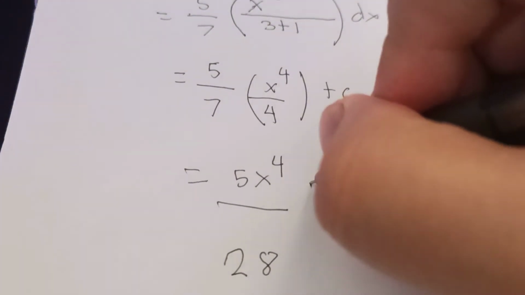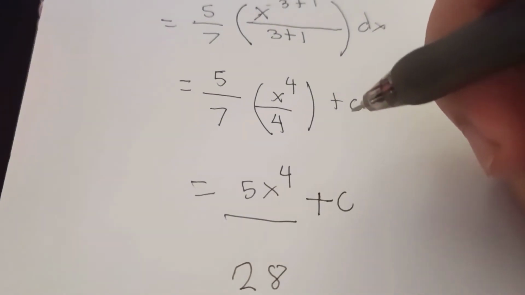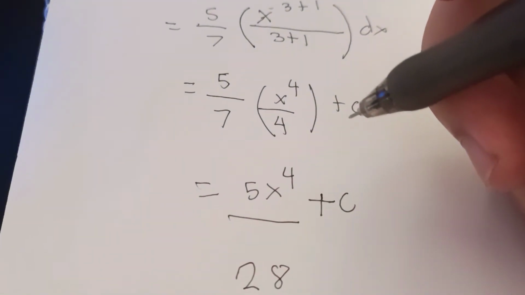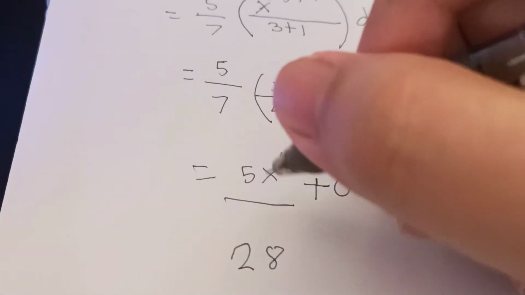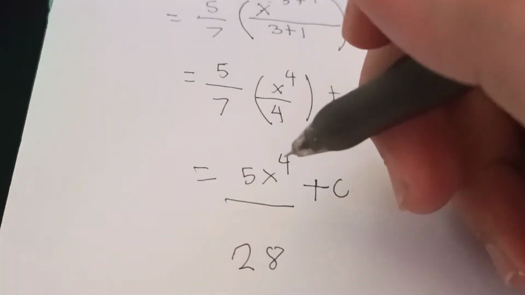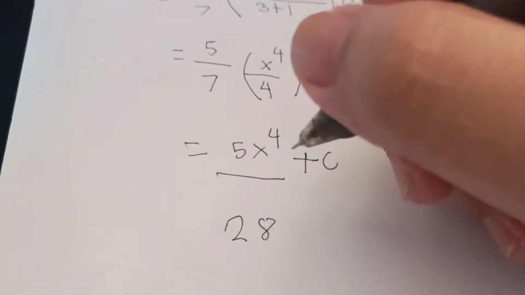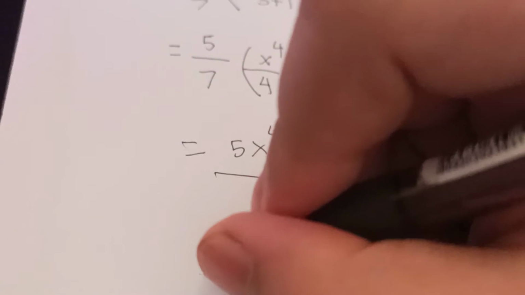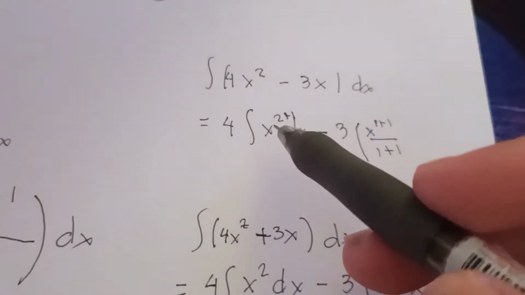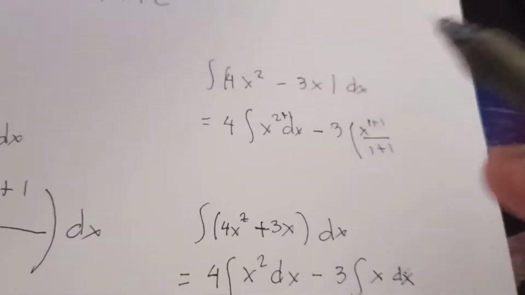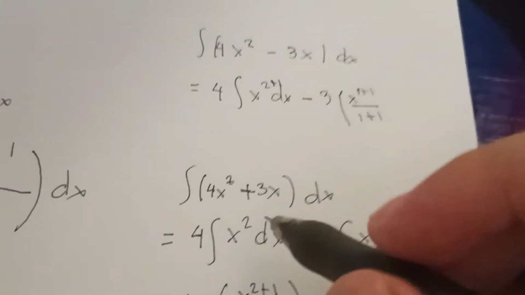Oh, my handwriting is really bad, I apologize for that. 5x to the 4th power over 28 plus c. Since this is the simplest form, we can no longer simplify it, making this our answer. So this is the second example. As you can see, we made the first one here, but since I had trouble writing it down, I just tried to do it again.